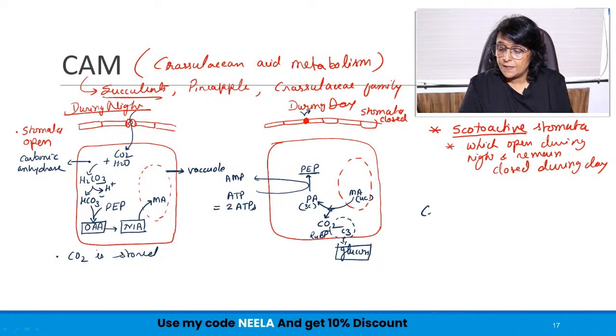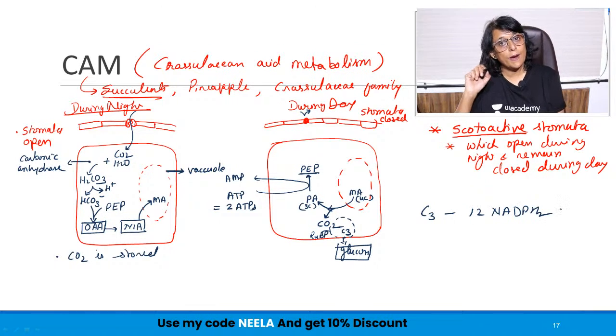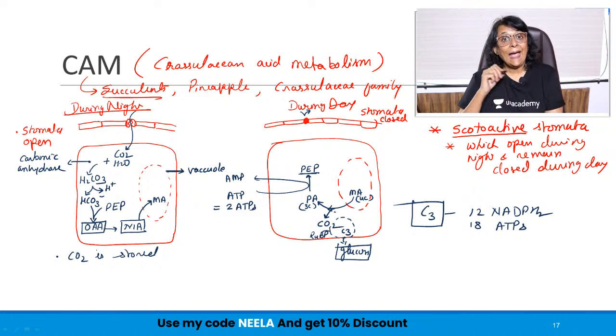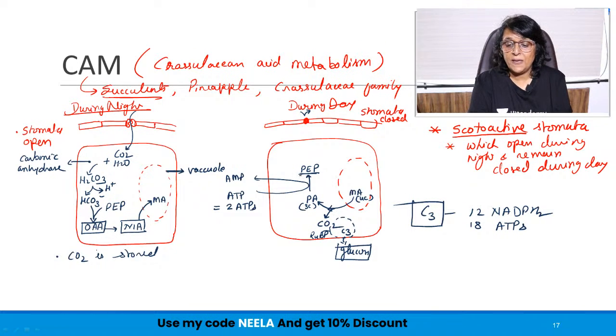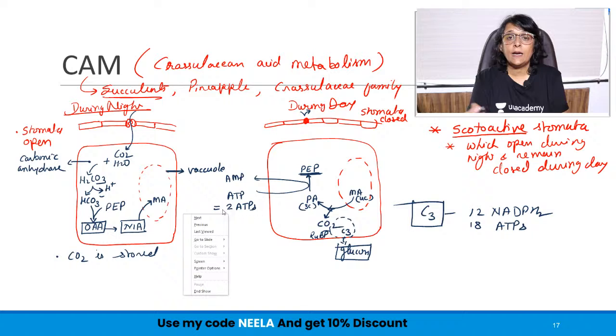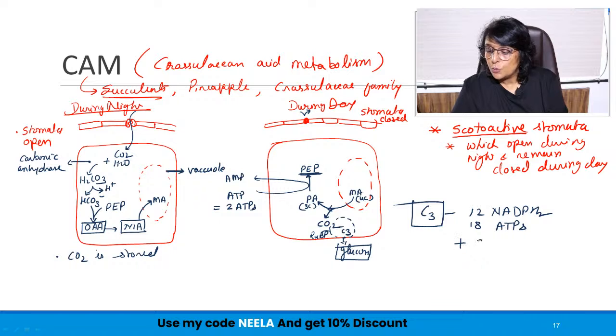If it is C3 cycle, then 12 NADPH2 will be required in any case. 18 ATPs will be required in any case in C3 cycle. This is fixed. And to regenerate PEP from pyruvate, if you have to regenerate one molecule, 2 ATPs will be required, and to synthesize one glucose we have to do it 6 times. So plus 12 ATPs.